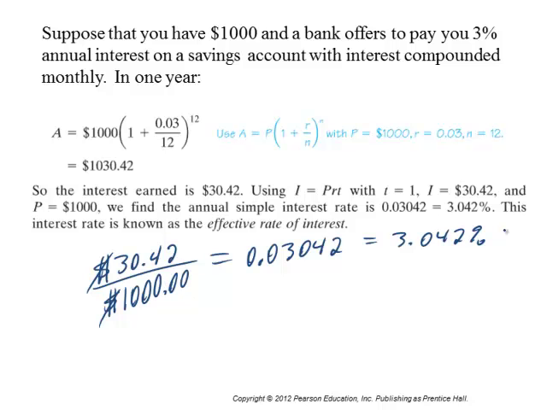Now, hold on just a minute. Didn't you say that the APR was 3%? So shouldn't this investment vehicle be giving you a rate of return of 3% per year? And the answer is no. This is how you calculate your annual rate of increase of your balance. It's increasing at 3.042% per year.